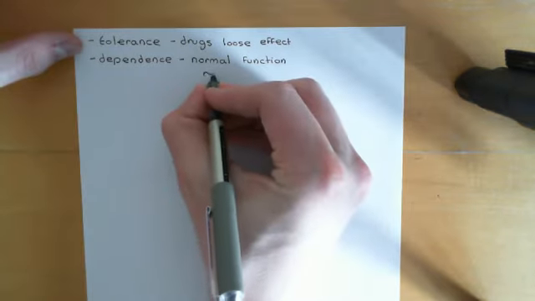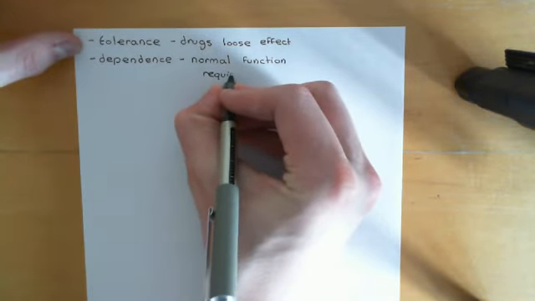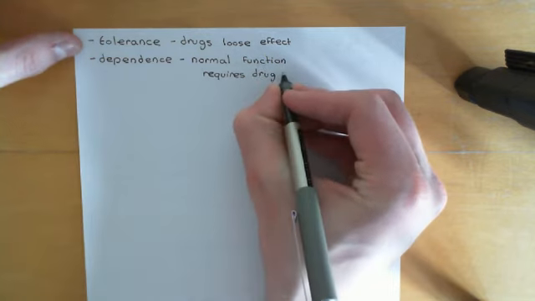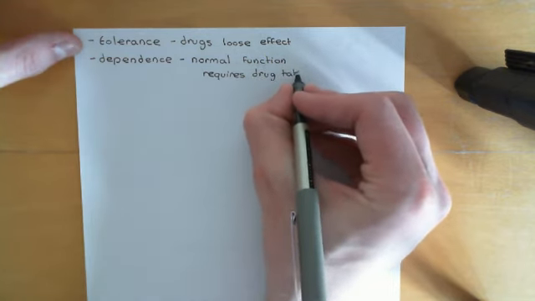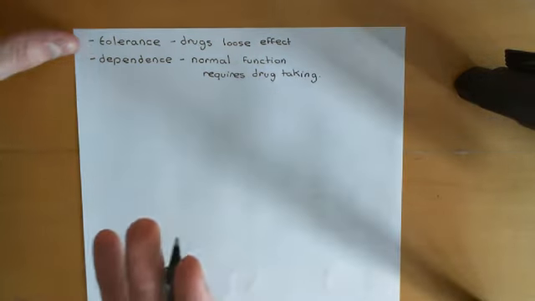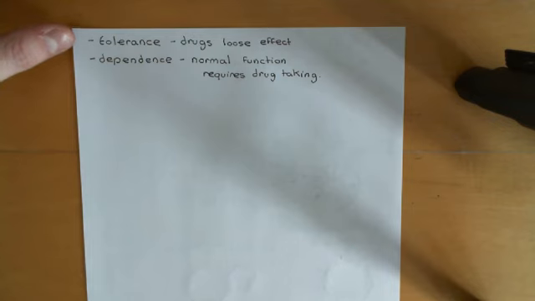So normal function requires drug taking. Indeed, if you take benzodiazepines for a long time and then try and come off them, it's very difficult because your body no longer functions normally without the drug.